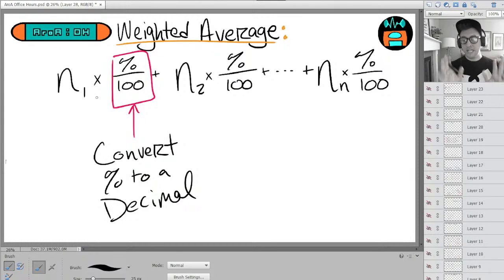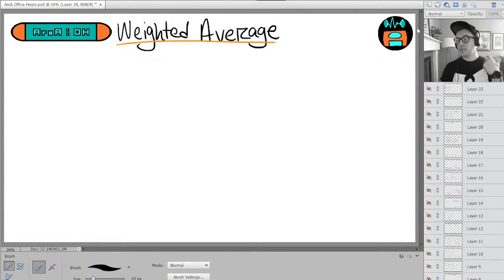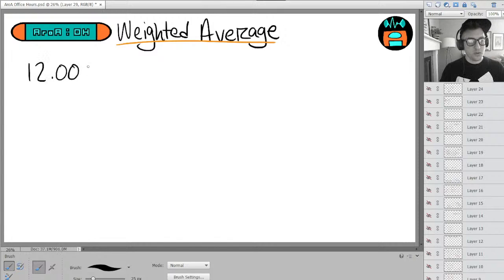All right. So let's calculate. Let's use the isotopic masses and their percent abundances to calculate the atomic mass of carbon. All right. So our first mass is 12.0000 AMU.